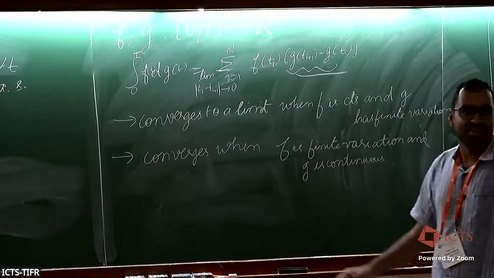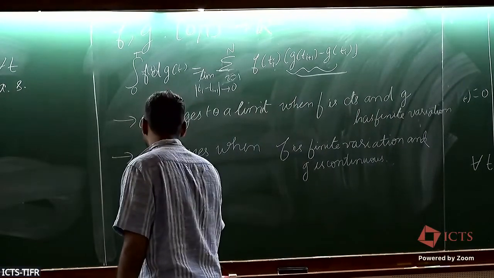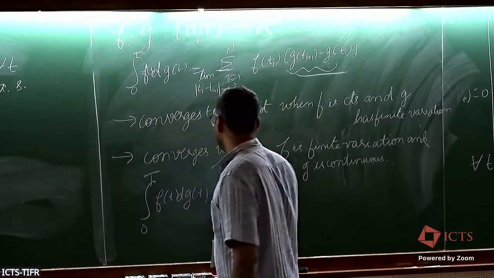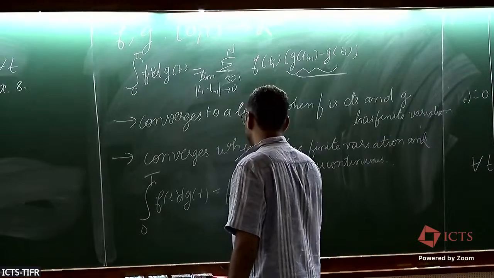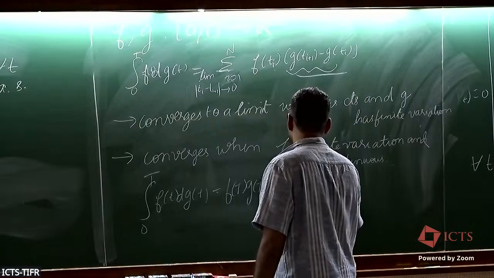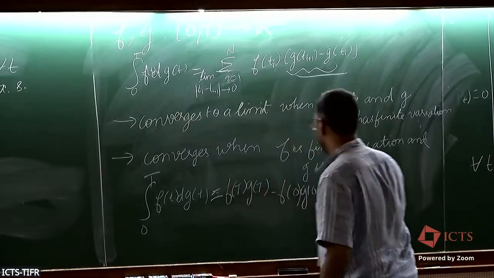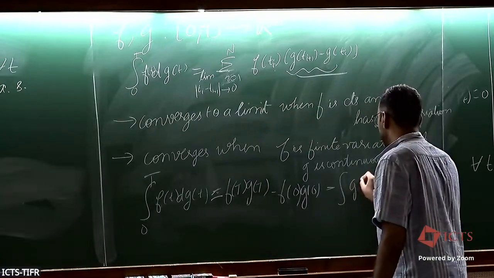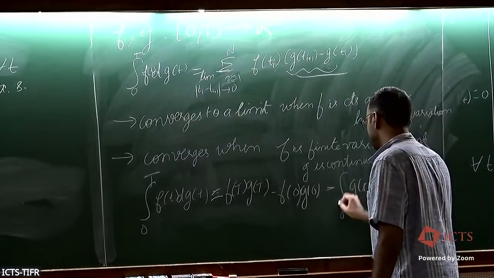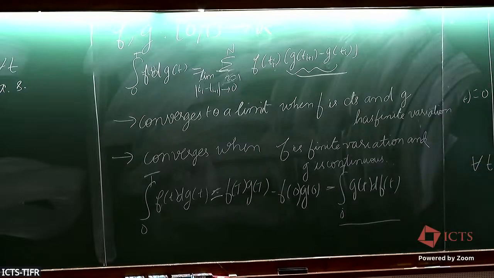So we can actually define this as the integral from 0 to t of f(t) dg(t). We can have it to be F(t)g(t) minus f(0)g(0) minus the integral of g(t) df(t), and we can show that this relation can actually be extended to a definition of this whole integral, right?